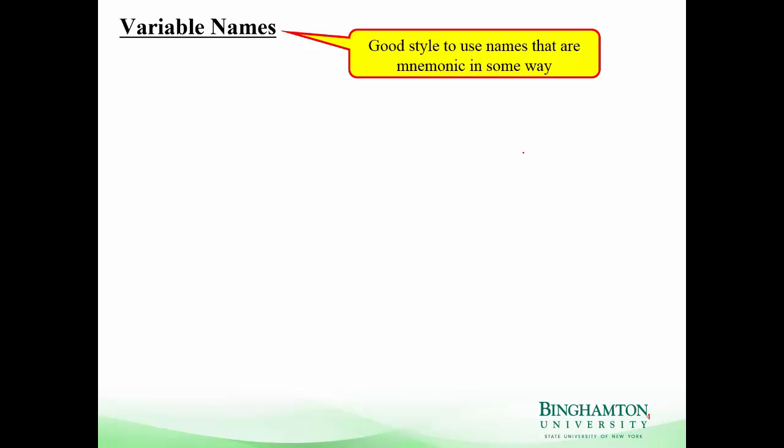If you're doing something in three-dimensional space, then maybe X, Y, and Z make sense. But you want to use a name that will help the person trying to understand your code understand what it is that you're trying to do. On the other hand, you don't want to make them really long, because then it's difficult to type them in and keep track of them and all that.